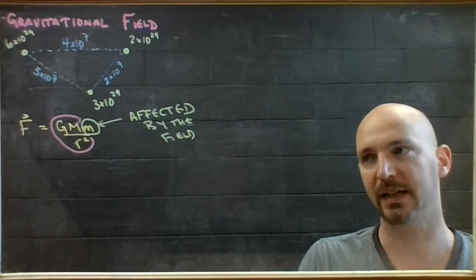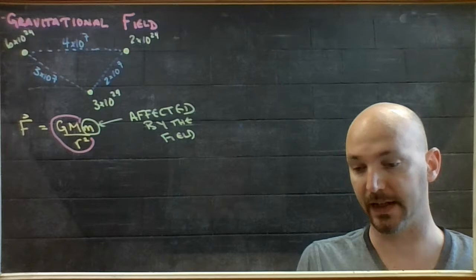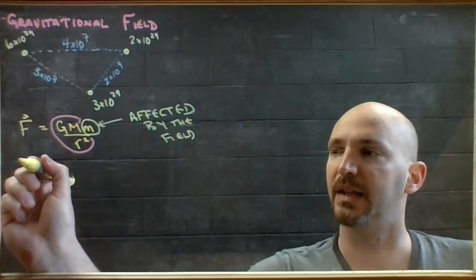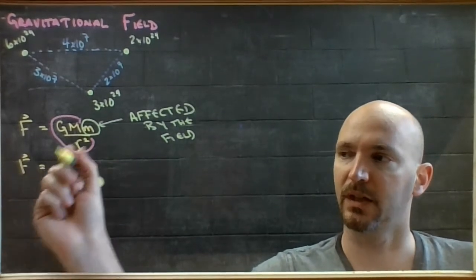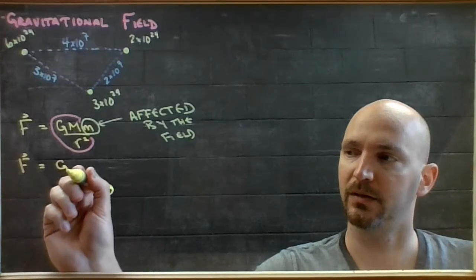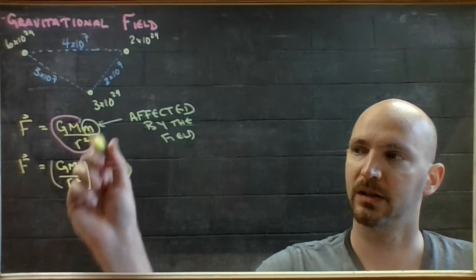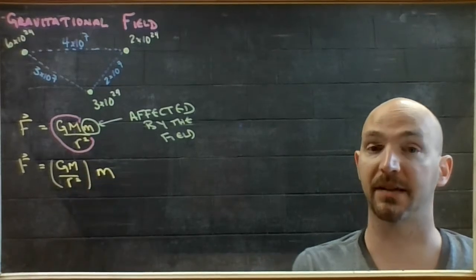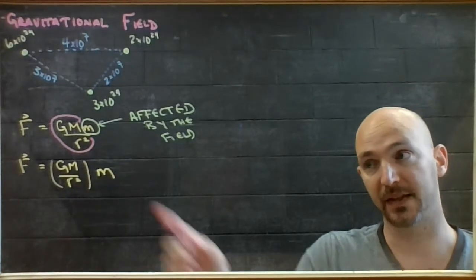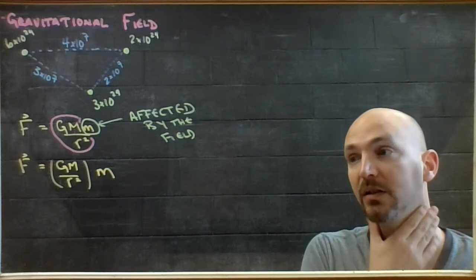So if I take it and I divorce it like that, I end up with F equals GM over r squared multiplied by the test particle. So the thing that's being affected by that particular object.